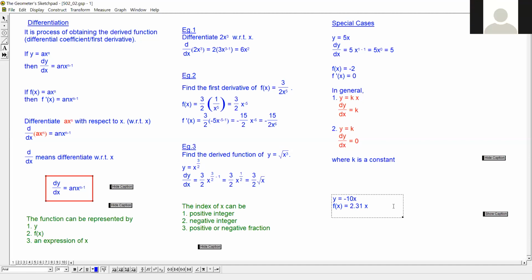Let's say your function is 3x over negative 2, you differentiate this, what are you going to get?